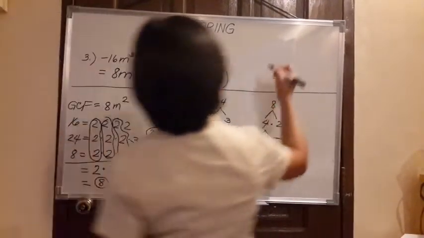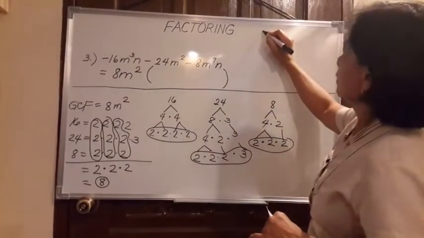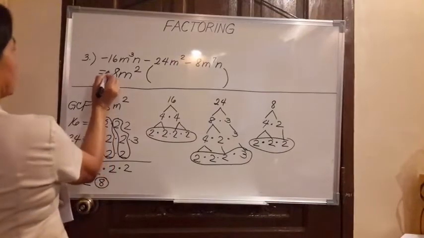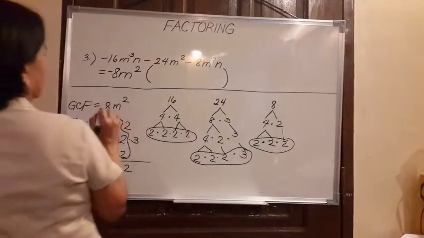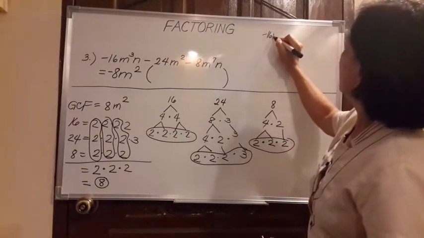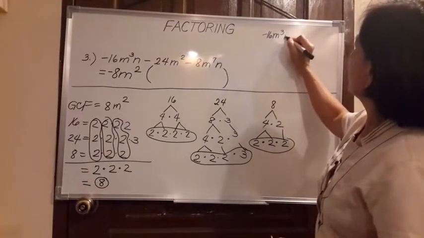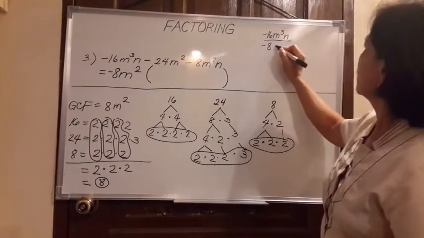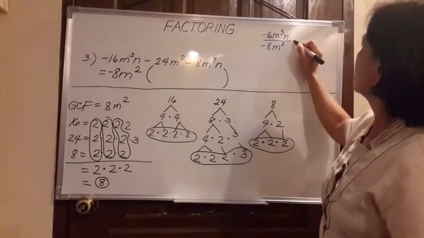Quotient factor. Divide the first term. Common sign is negative, so it should be negative 8m squared. So divide negative 16m cubed by the greatest common factor, negative 8m squared.